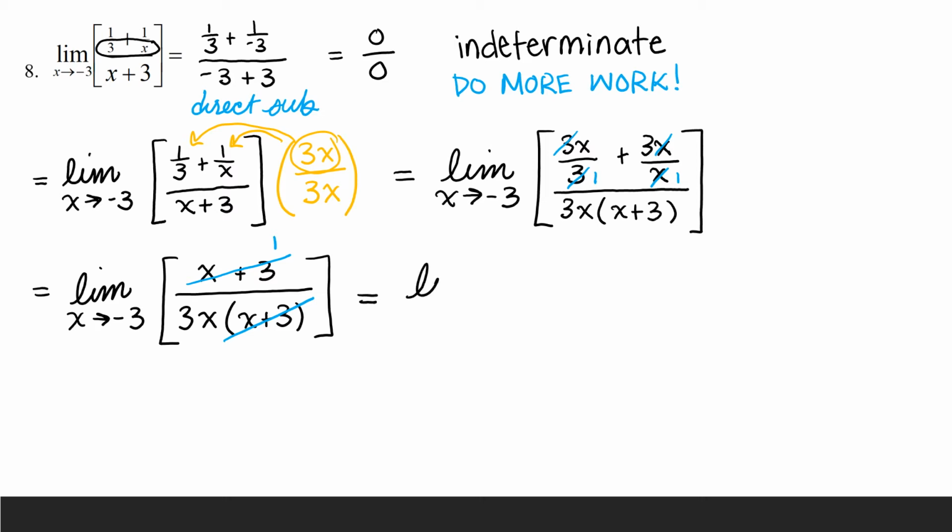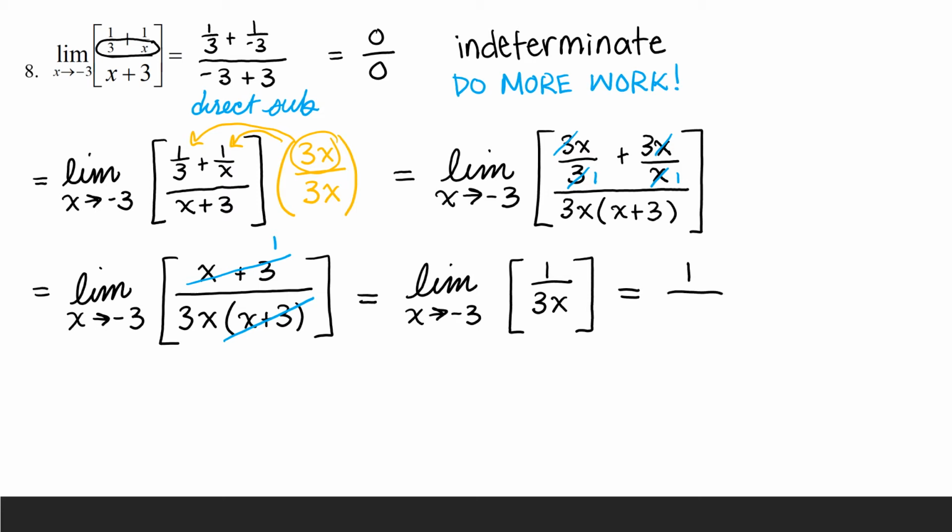So this is equal to the limit as x approaches -3 of 1 over 3x. And I'm going to write that a little smaller to save room. I was just used to writing much larger fractions. Okay. And now I can use direct substitution.